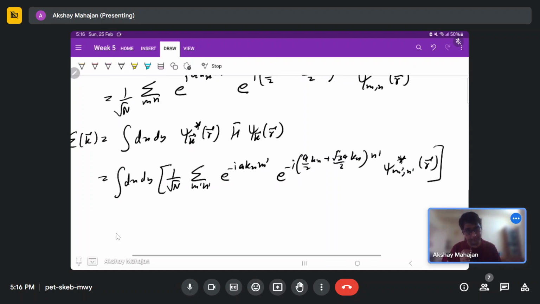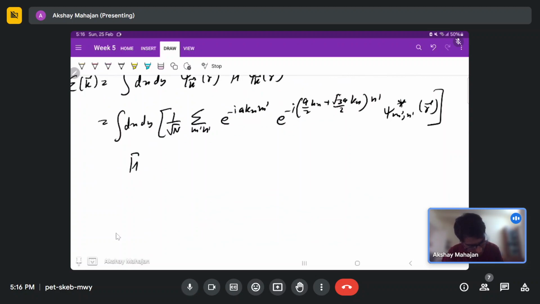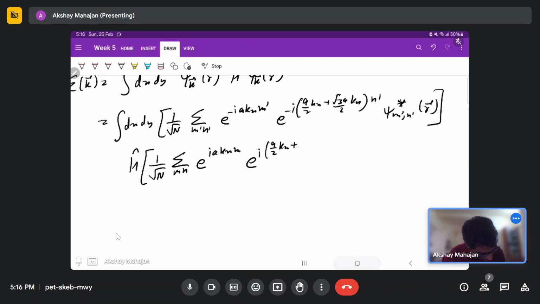complex conjugate. Right, then you will have a Hamiltonian operator h cap, then 1 by under root of n summation over mn e to the power iota a kx m e to the power iota a by 2 kx plus root 3 a by 2 ky times n psi of mn of r vector.